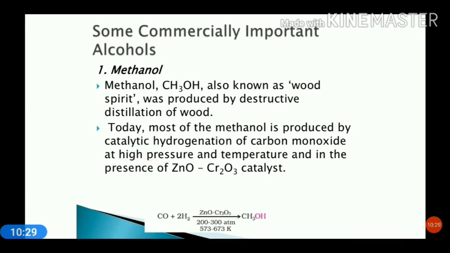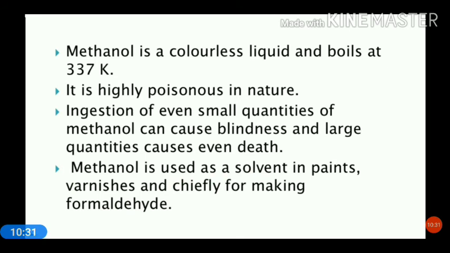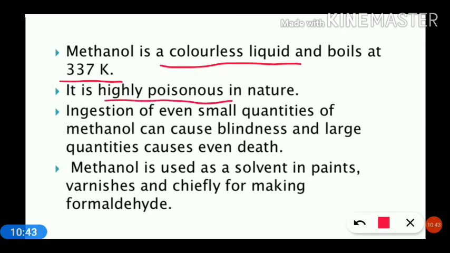Next are a few properties of methanol. Methanol is a colorless liquid and its boiling point is 337 Kelvin. It is highly poisonous and sometimes it is mixed with ethanol, so that the consumption of ethanol in factories and companies does not happen. It can be banned by the addition of methanol.